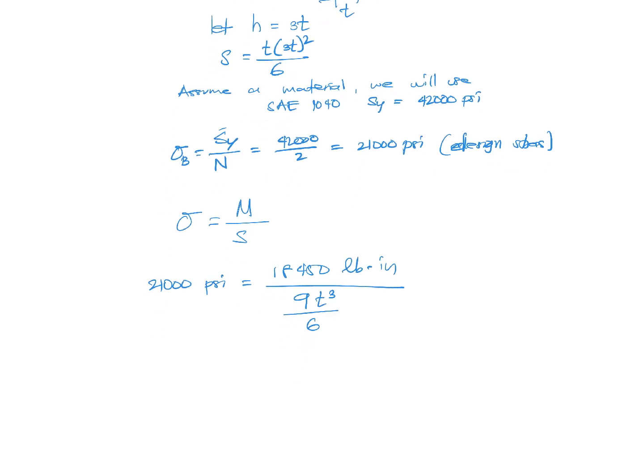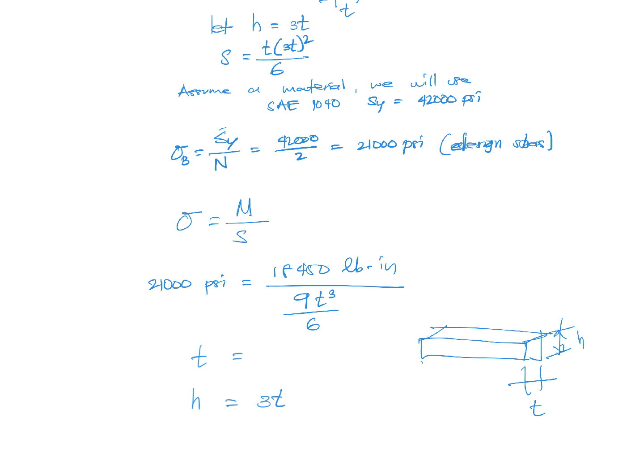From there, we could calculate the thickness. Once we have calculated the thickness, we could calculate the height, which is 3 times the thickness. And so now we have designed the material with a specific thickness and a specific height and a length of 60 inches.